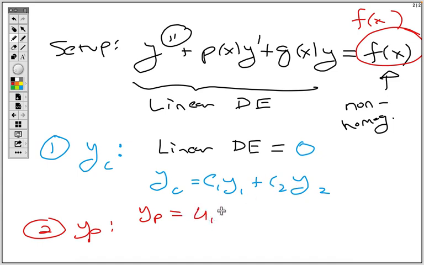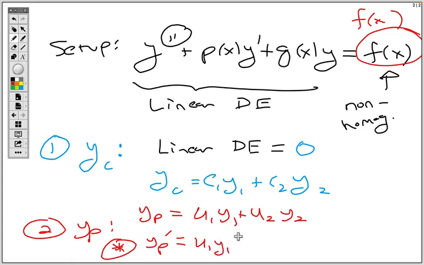We would vary the parameters, say call them U1 and U2, and we would make a simplifying assumption that when we took the derivative, the U1 and the U2, we're not saying they're constants, but the derivative would look like what you'd get if U1 and U2 were constant.